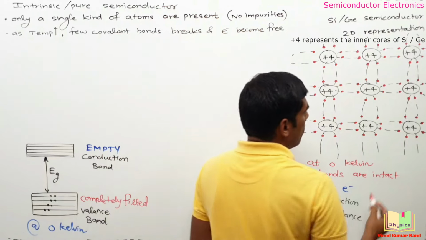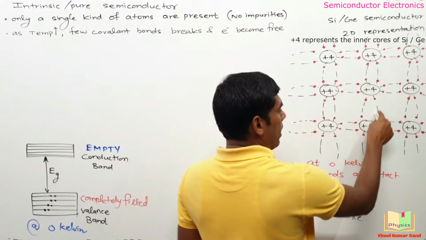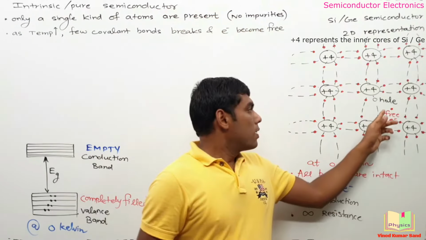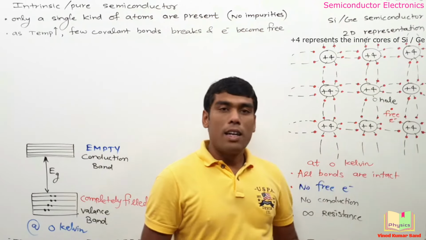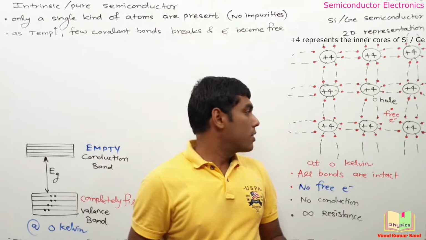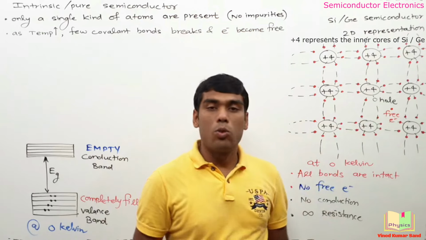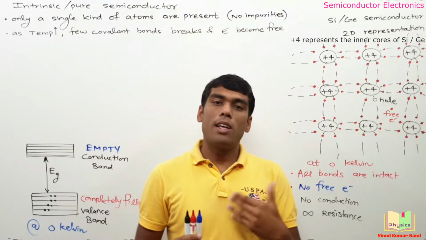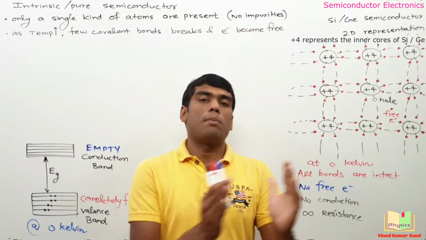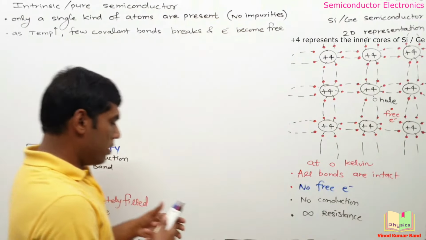Let's see that here. Suppose this covalent bond is breaking and the free electron leaves a vacant site, and that vacant site is known as a hole. Hole is an imaginary particle. Just the absence of electron is known as a hole.